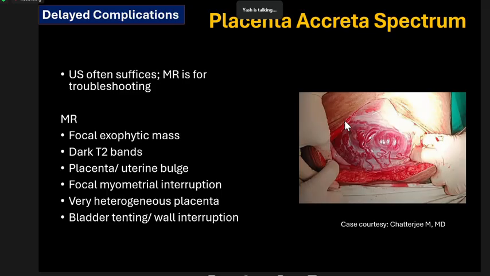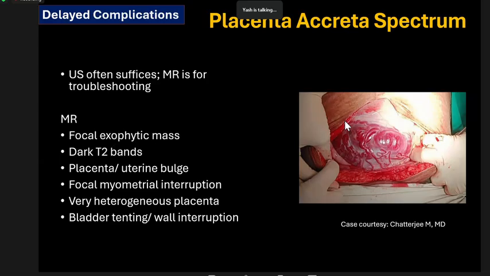But again, all these are lumped into a single category. So that's how it looks when the surgeon operates, and you see all these lobules just outside the uterus, and that will be replicated on imaging. One of the signs is placental or uterine bulge and focal exophytic mass. So that's what we will see on imaging as well.